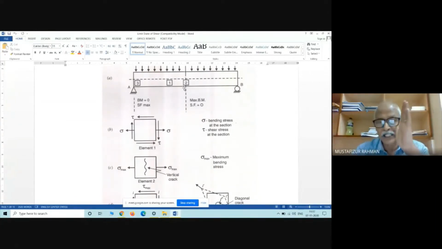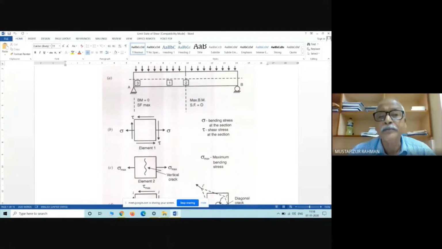So at that section, if I cut here, again, you see my left hand, this is the plan. Here, only the axial stress acts, tension at the bottom and compression at the top. This is axial stress on the section. So this is with respect to bending, right?